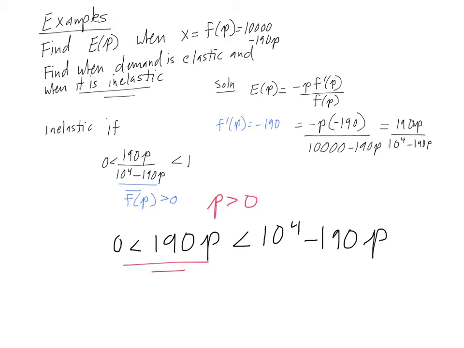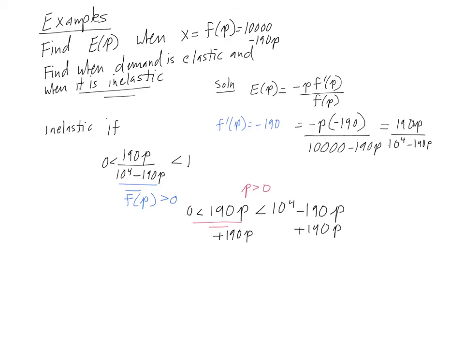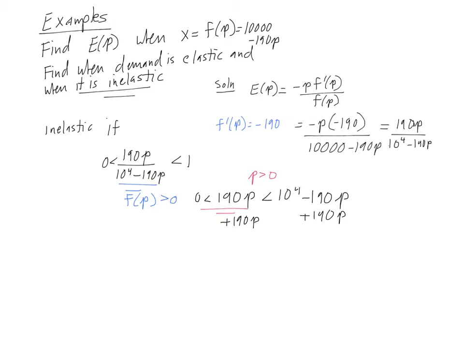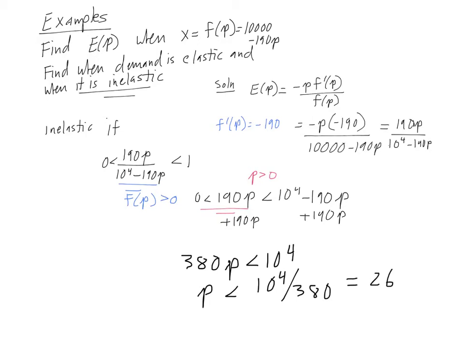Here we're going to have to do a little bit of work. If we add 190p to both sides of this inequality, we have 380p is smaller than 10 to the 4th, or p is smaller than 10 to the 4th over 380, which is 26.3.